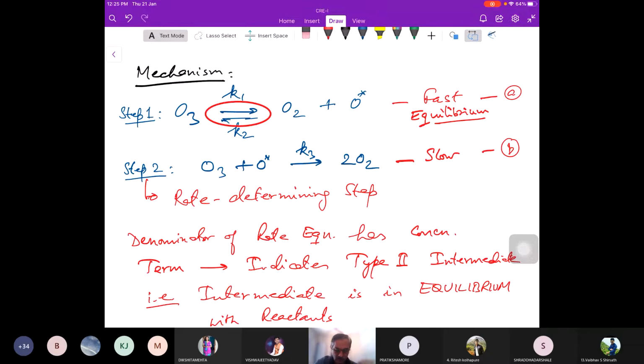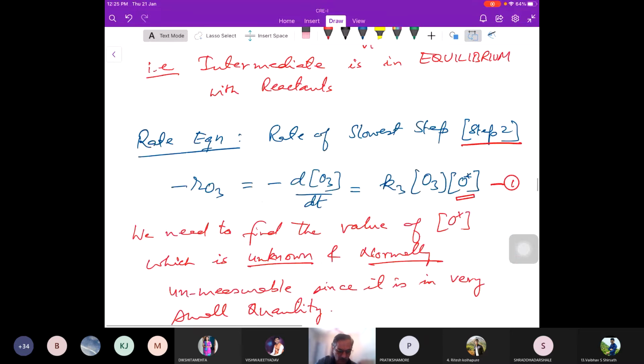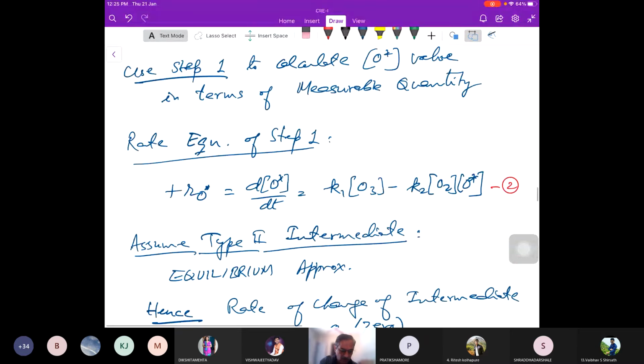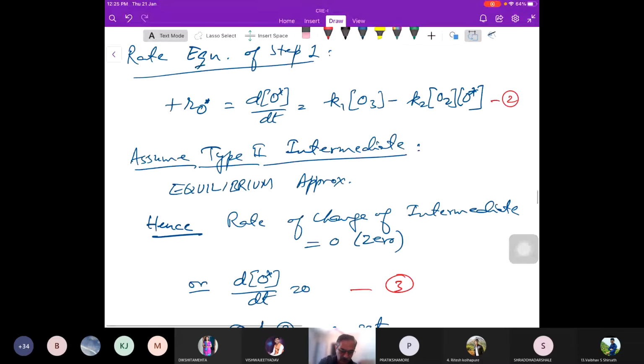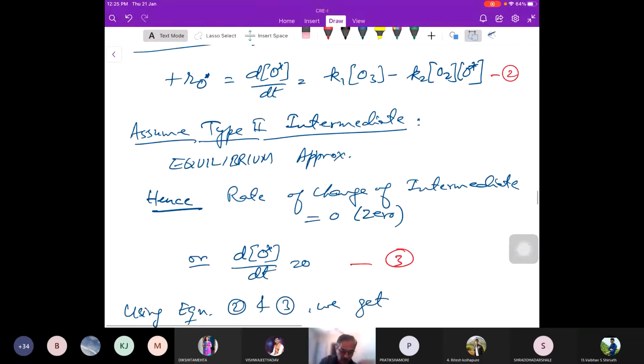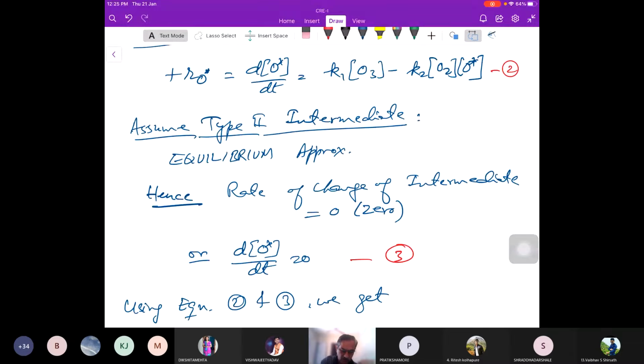राइट. सो वी कैन से दिस जो इक्वेशन लिखा हमने dO star by dt is equal to K1 O3 minus K2 O2 into O star, you can say that this is equal to 0. This is the rate of change of intermediate. dO star by dt is equal to 0. Right? So ये हमने डाला equal to 0.